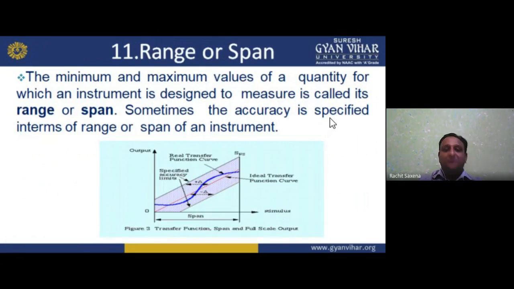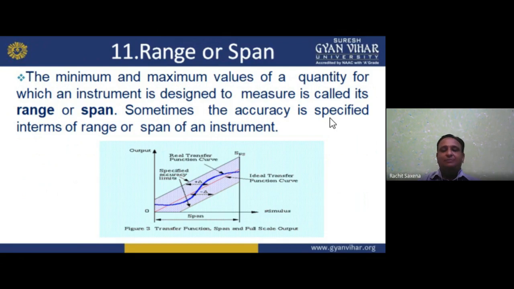Now the range or span. My dear students, the minimum and maximum values of a quantity for which an instrument is designed to measure is called its range or span.